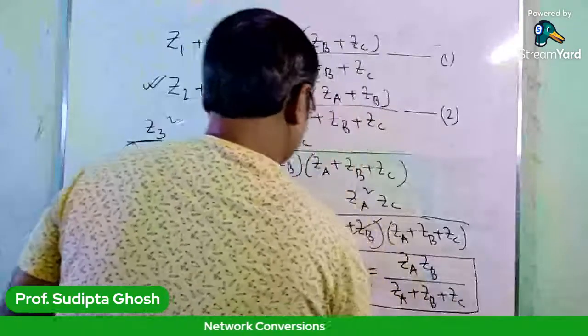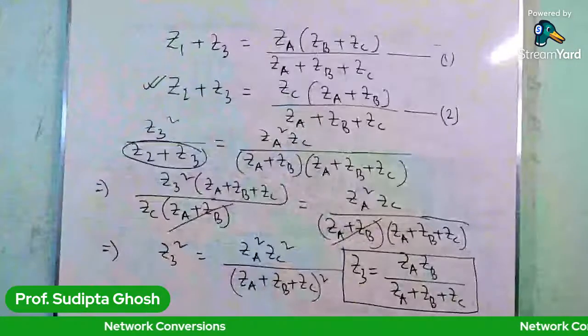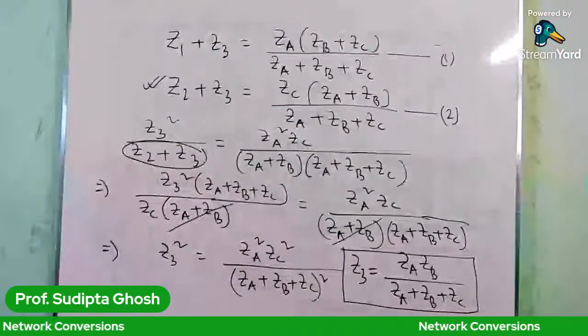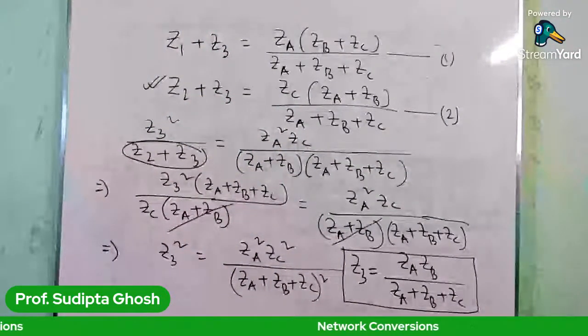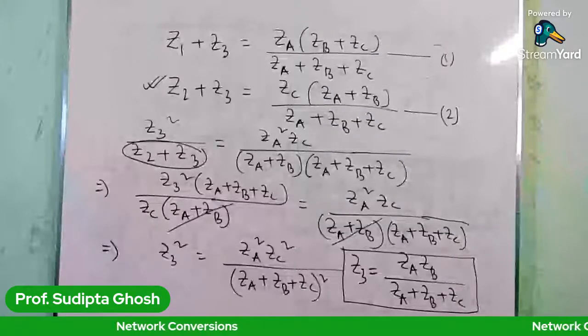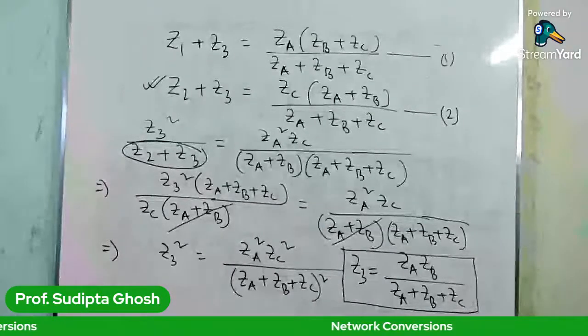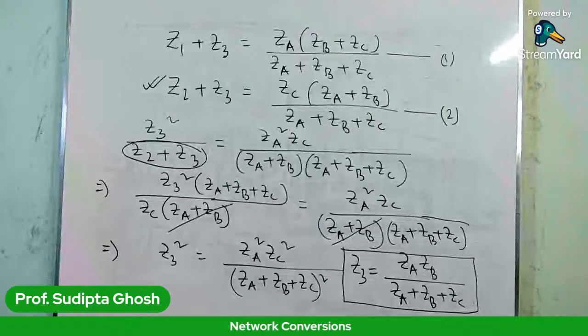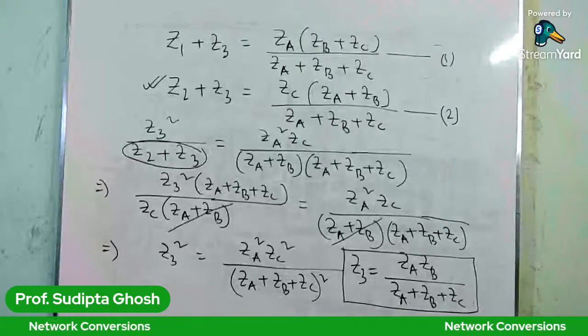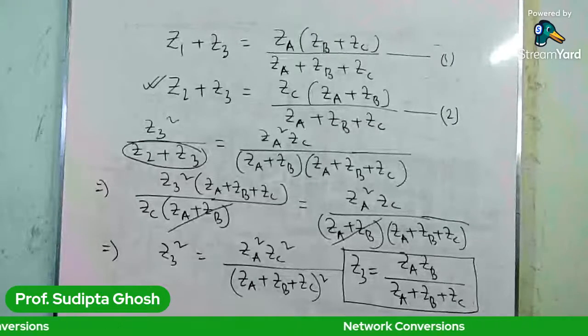Is it okay? So from this we can calculate the value of Z3. Now what is Z3? Z3 is an impedance in the T section of a network, and these right side parameters, ZA, ZB, ZC, all three are taken from the pi section.